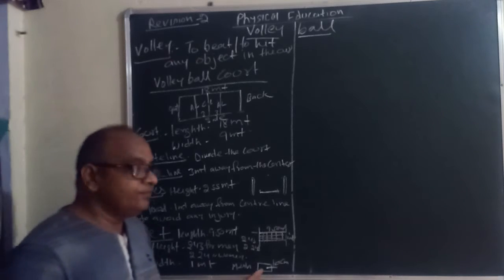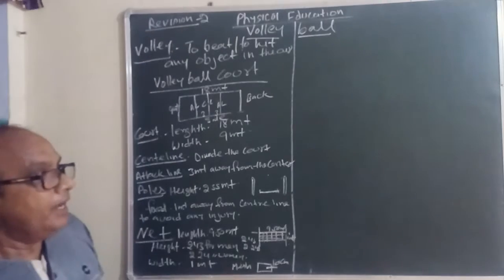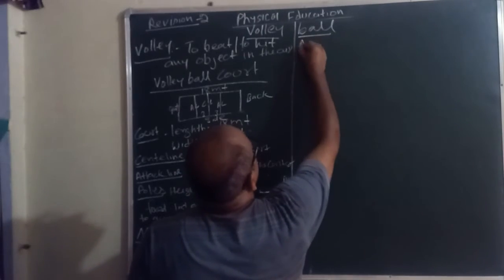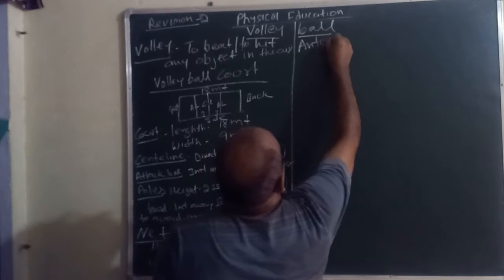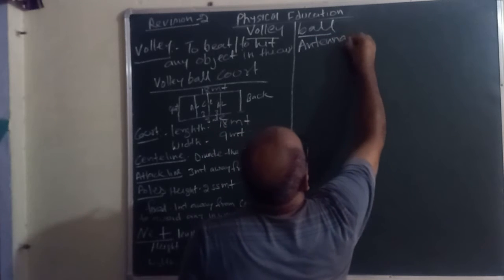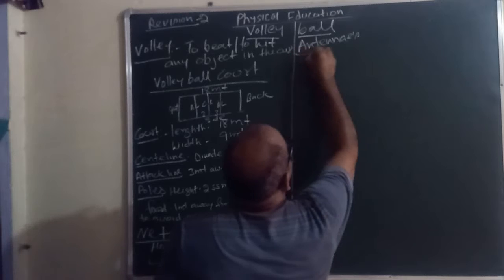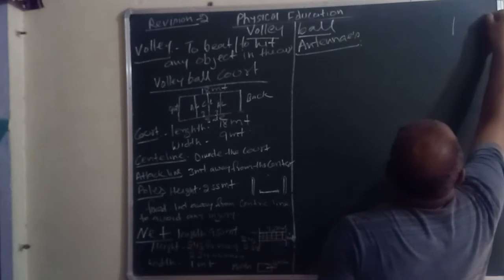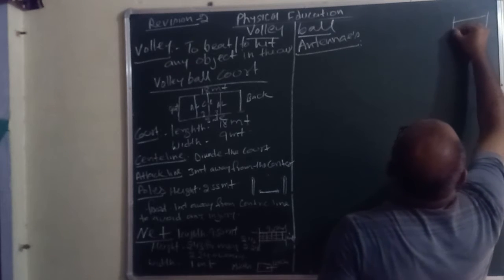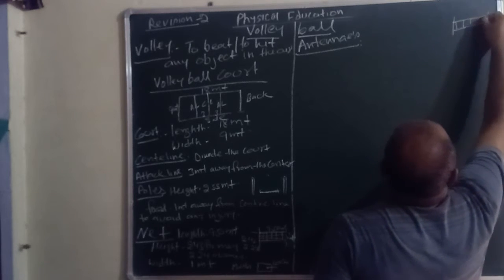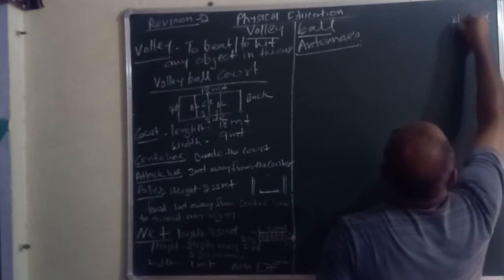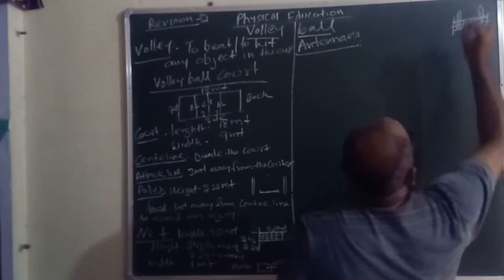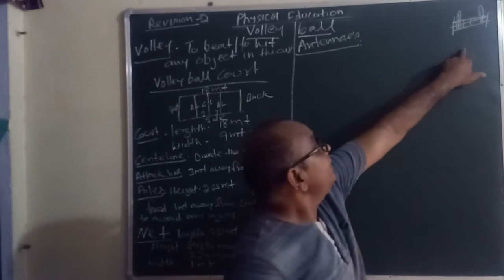After that, antennas will be there. So you have to dictate about antennas. There are 2 antennas. Again, you have to make the net, and here are 2 antennas fixed in the net.